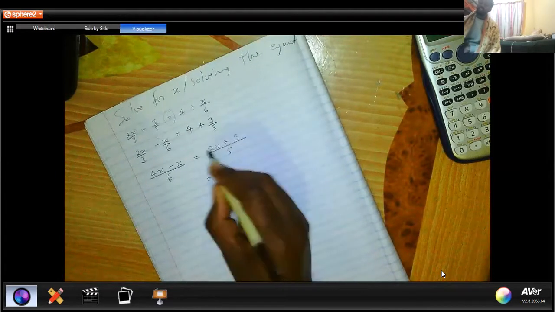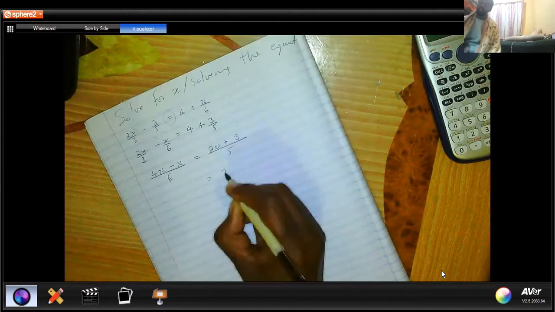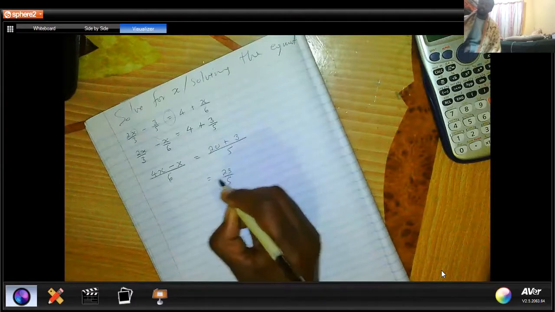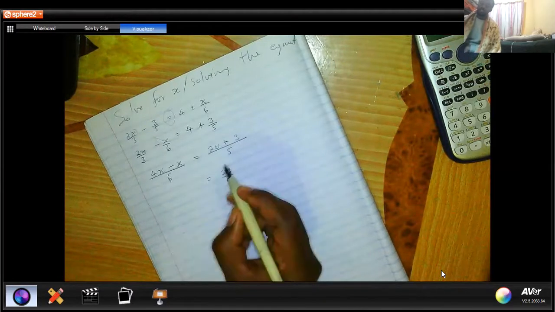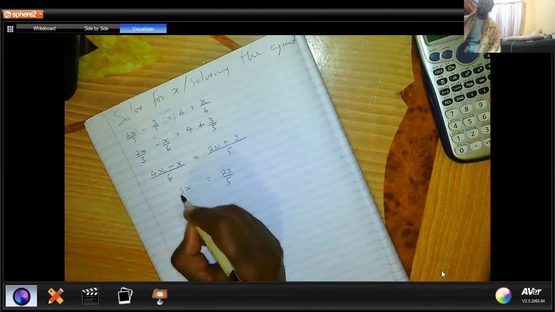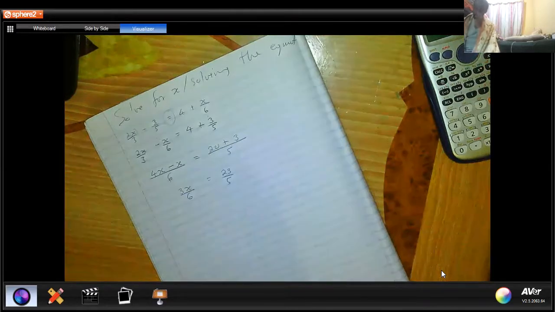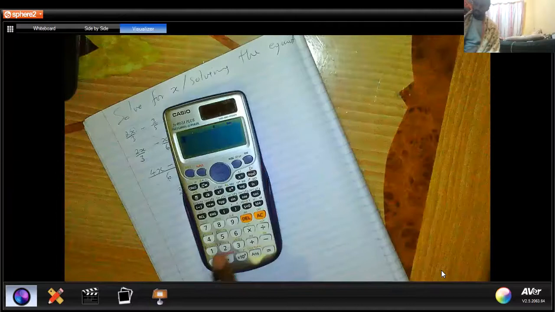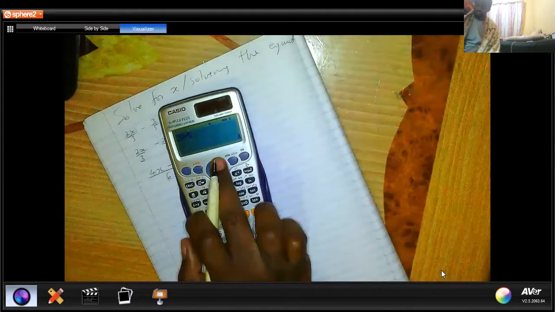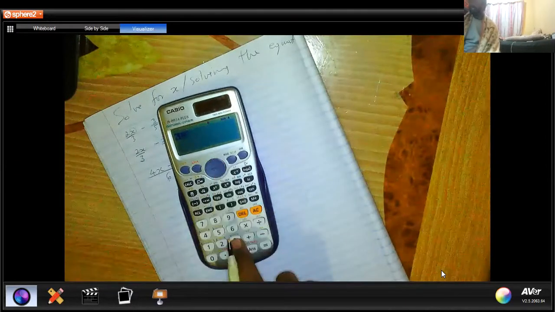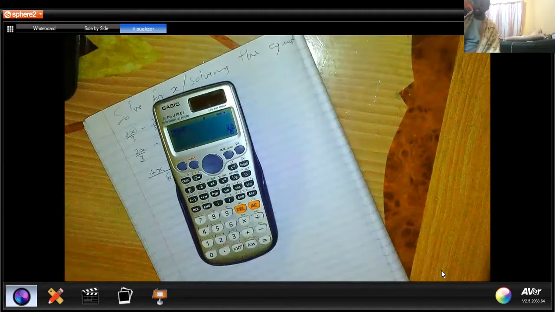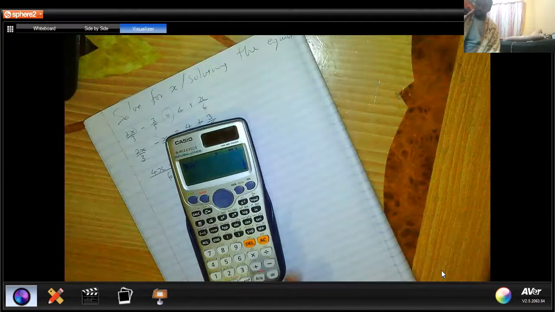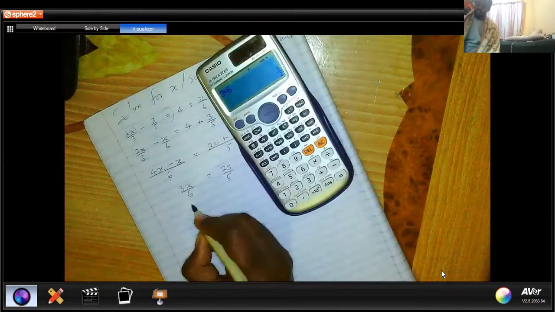Then on this side, you've got 23 over 5. 4x minus x is 3x over 6. But if you use a calculator though, 23 over 5 is still 23 over 5. Nothing changes here. If you use 3 over 6, you've got x over 2.